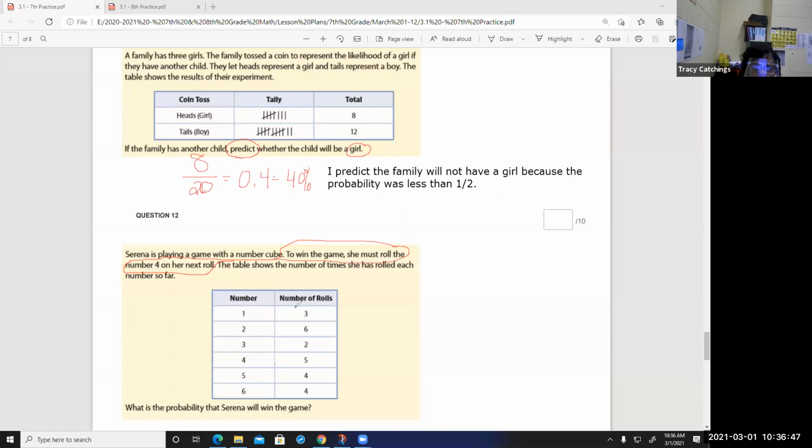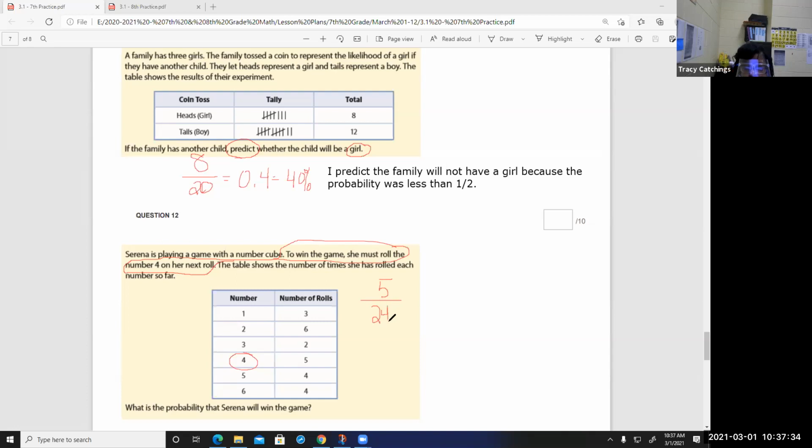So that means I'm gonna look for rolling a 4. What she got? How many times did she roll a 4? How many total? Somebody verify?